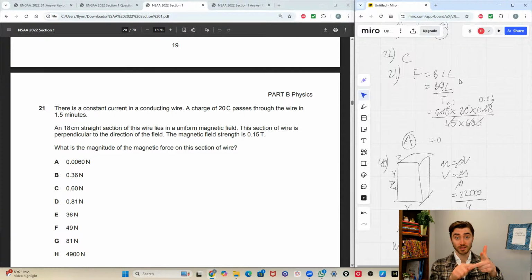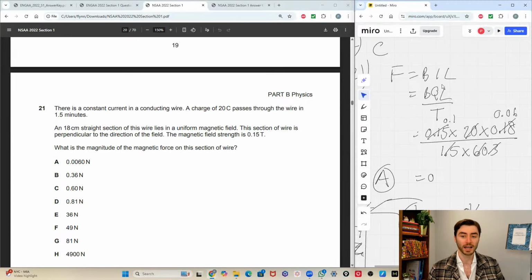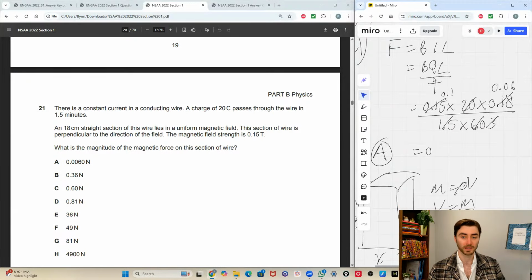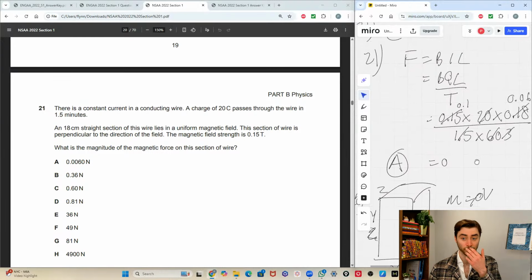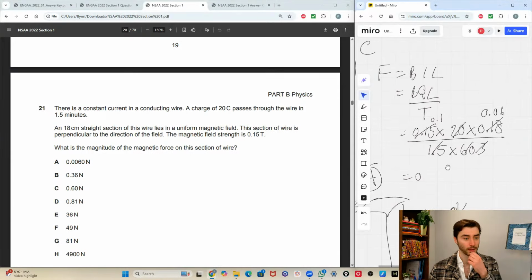Using the motor effect to increase the force on a wire, you increase the current, you increase B, and you increase the number of turns. And so that's what this is. It's magnetic field times current times the length. And I is equal to charge passing through in a certain time. So I put it through and did my strategic cancellations and got A.